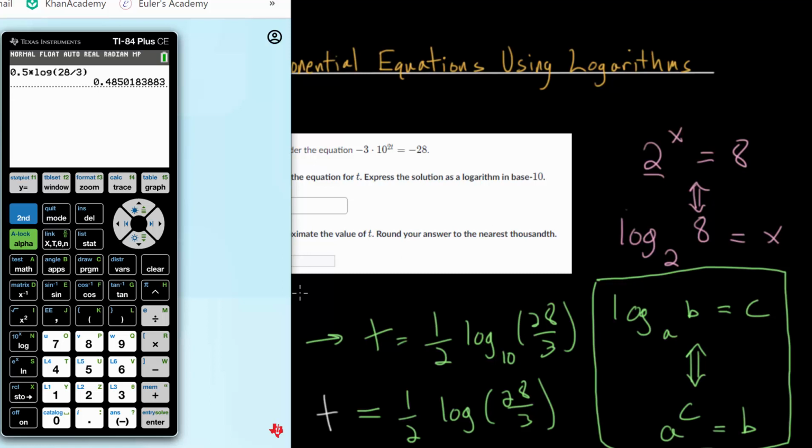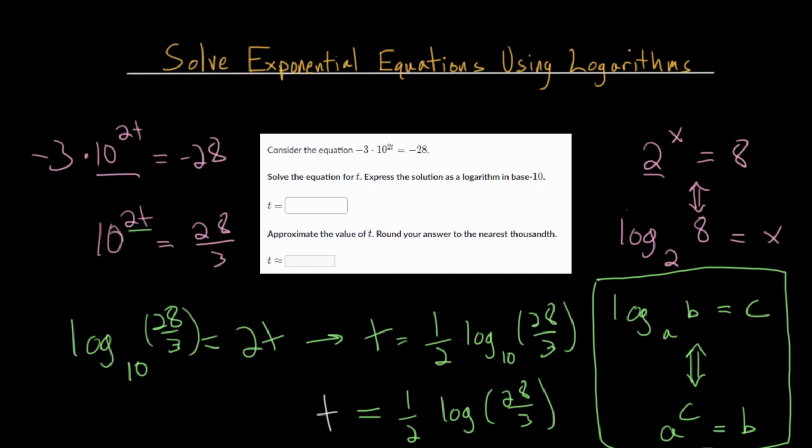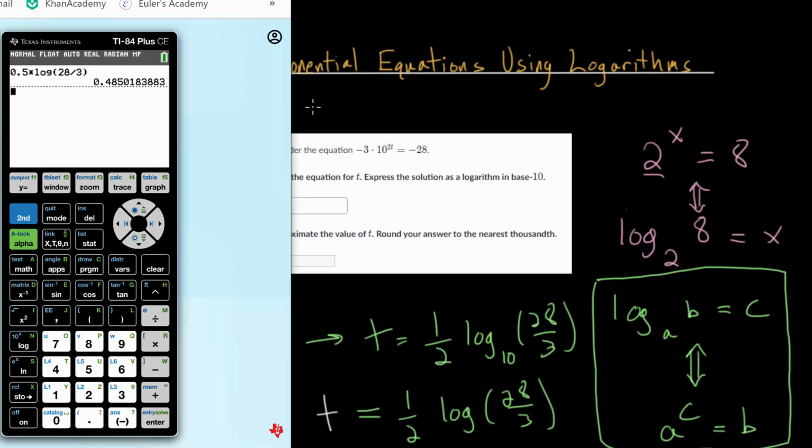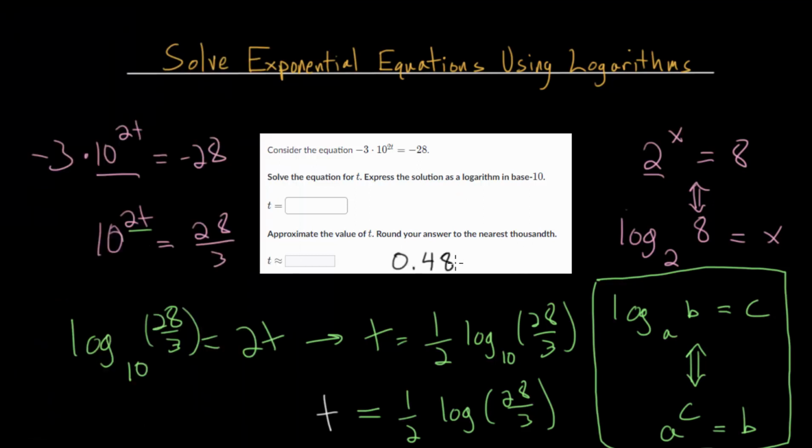So our answer here is going to be 0.485 since we're going to go to the thousandth place. So 0.485, and that will be our final answer. Now, they also do want us to express this as a logarithm in base 10. So that's going to be this answer right here, our 1/2 log 28 over 3.